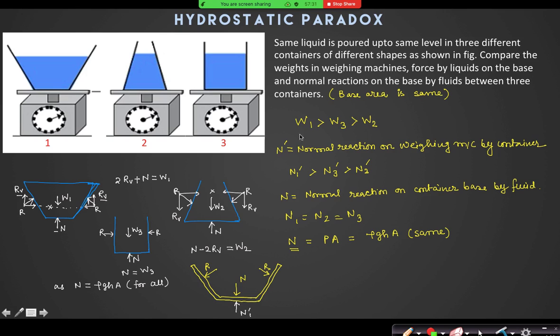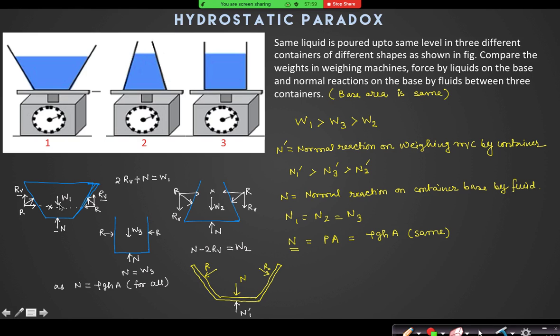So the order of N prime is the same as W, but the normal reaction on the base only depends on the force on the base, and that is nothing but rho g h into area. Remember, this normal reaction on the base of the container by the liquid is only rho g h into the base area, multiplied by the pressure.